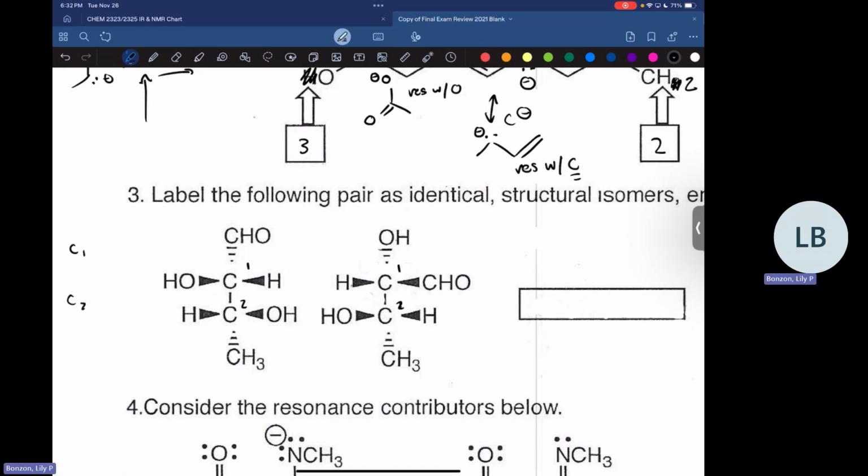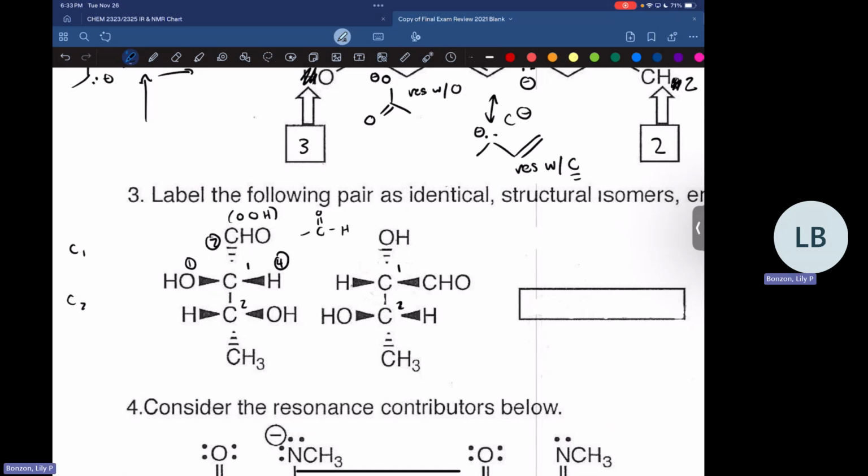On the left structure, for our first carbon, our highest priority is going to go to the oxygen atom. Our lowest priority is going to go to the hydrogen. This CHO group is an aldehyde group, so that carbon is double bonded to the oxygen. For that reason, the top group is going to get our second highest priority because it would be OOH.